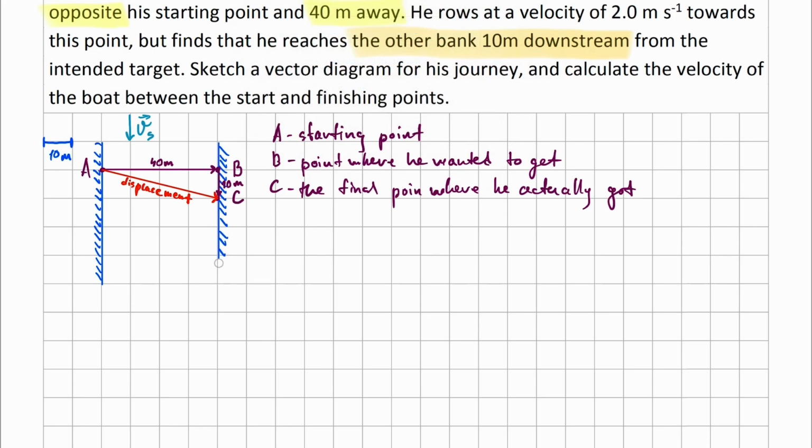So I need to delete the extra part. Okay, so this is the extra part that is given to us. All right, so what we need next is a similar thing, because we will make a similar diagram but with velocities.